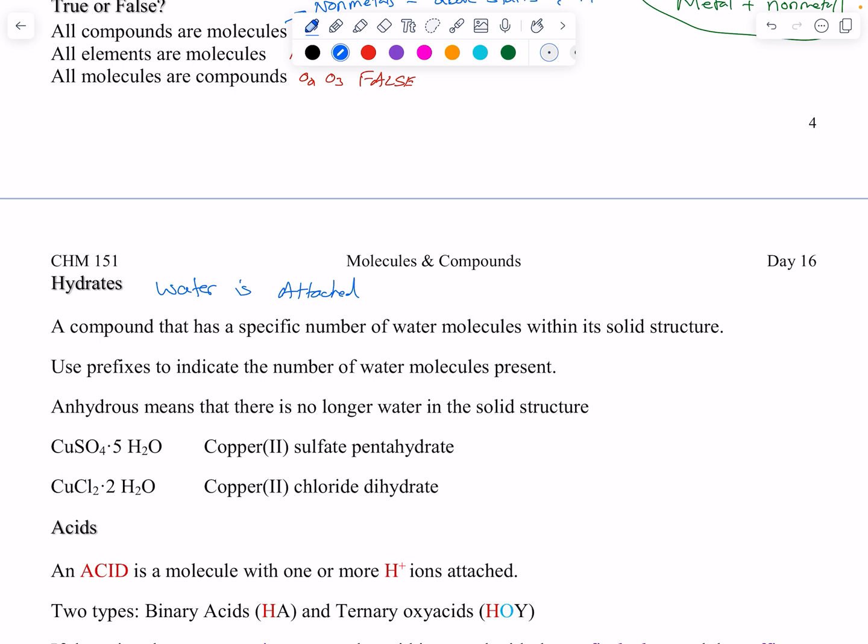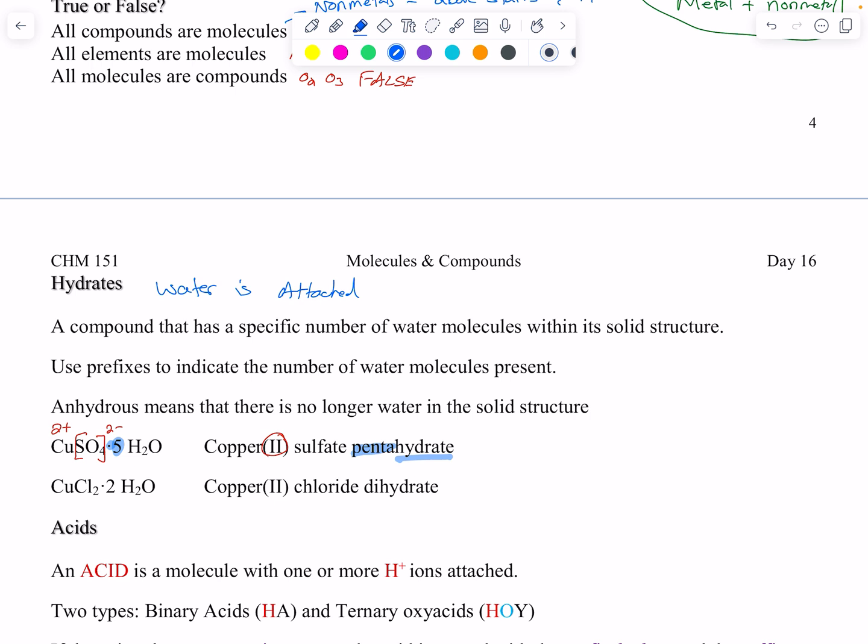And if you look, the name is the same as for the ionic compound. You still have sulfate. Sulfate here is 2 minus, so that means copper has to be 2 plus, hence copper(II). The little dot here represents the hydrate, and since there are 5 waters, it's penta and then hydrate.